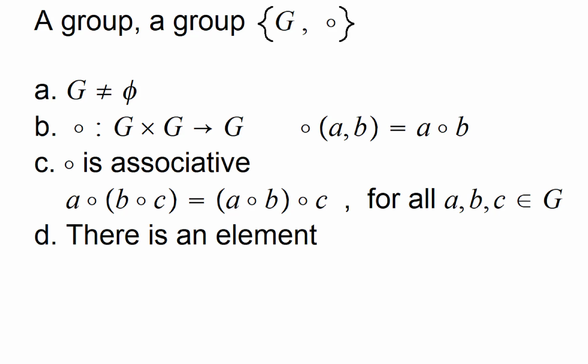So D is that there is an element E in G such that E serves as an identity. Remember, I had been saying identity in the examples that I was writing before this.